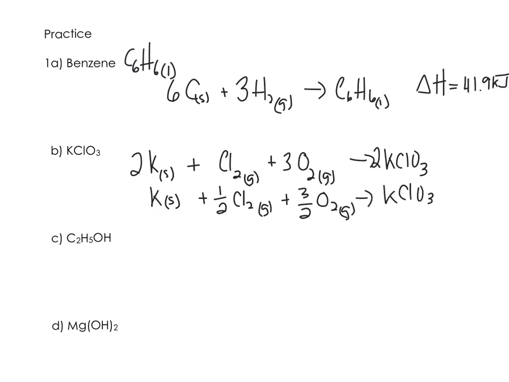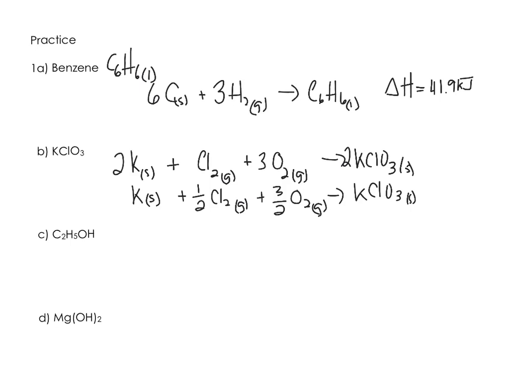So all I do is I go back and divide all of the coefficients by the coefficient in front of my product. So I divided everything by 2. And now you look up your enthalpy of formation. And the molar enthalpy of formation for this is negative.